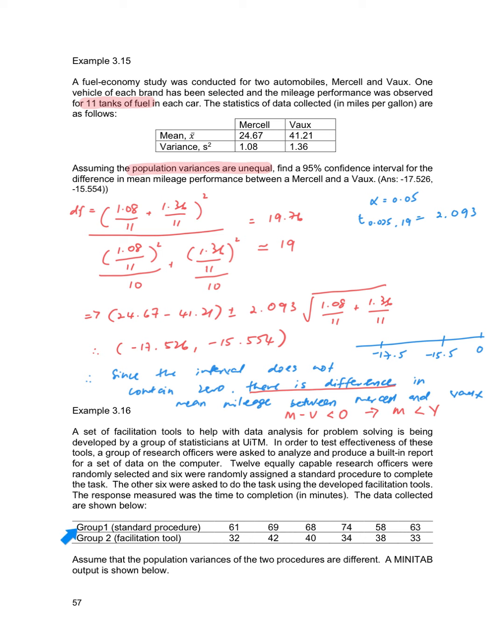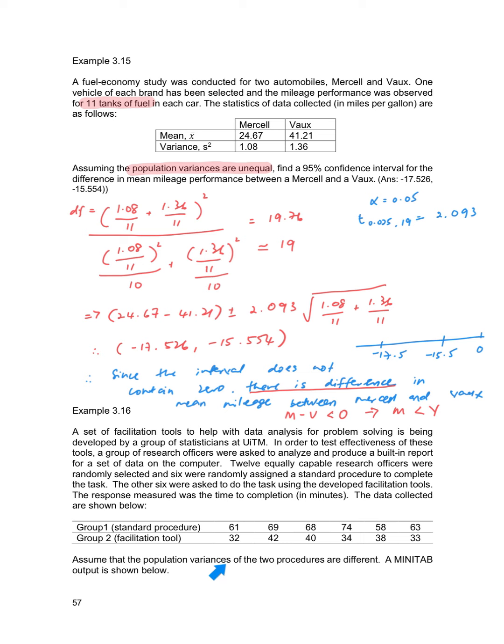So we have group 1 and group 2. Group 1 were tested using the standard procedure, and group 2 were tested using the facilitation tools developed. So what has been measured was the time to complete. You can see here all the values of the time to complete for both groups.